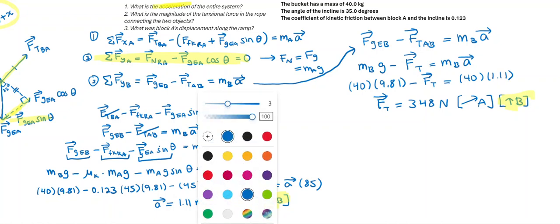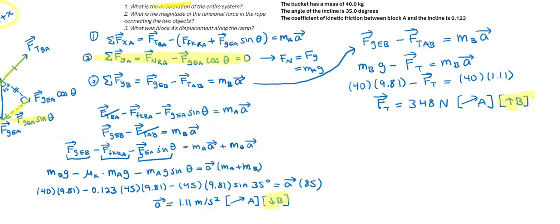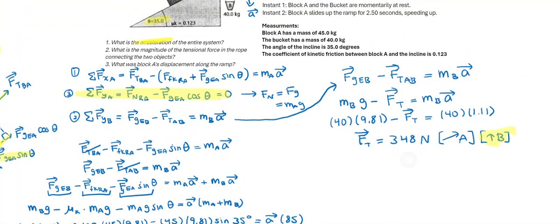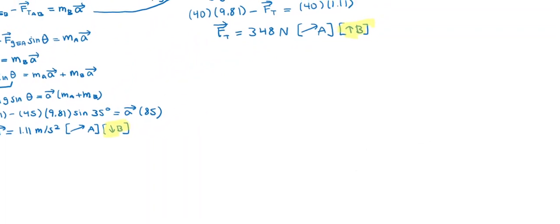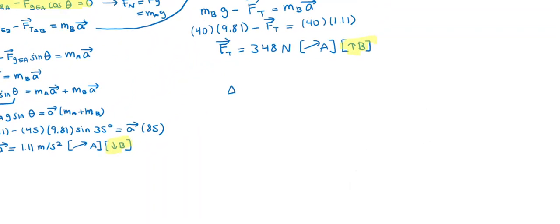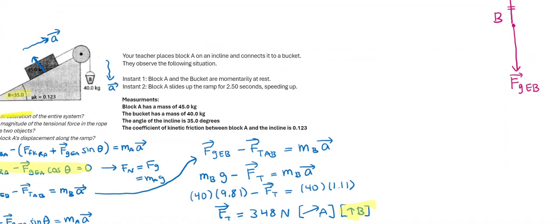Lastly, we have question 3 to deal with. Question 3, we're actually going to use kinematics for question 3 because it's asking for block A's displacement, and we're just going to use one of the kinematic equations. So just like we normally do, you would write all your variables on the side. So we're looking for displacement. The initial velocity is 0 meters per second because over here in instant 1, it tells us that block A and the bucket are momentarily at rest.